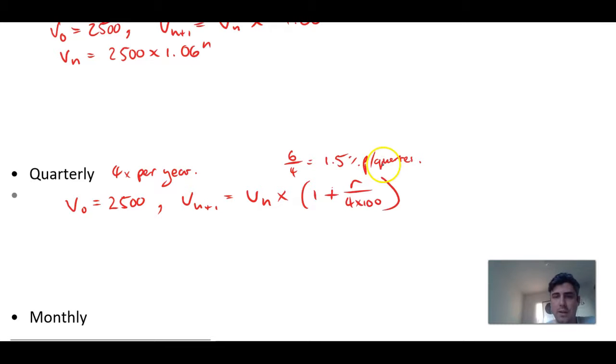By putting it over 4, it divides it by 4. So I put 6 in there, and this will have 6 divided by 4, and then whatever that number is, divide by 100. That gives us 1.5 over 100, which is 0.015, and that adds to 1 to make 1.015.